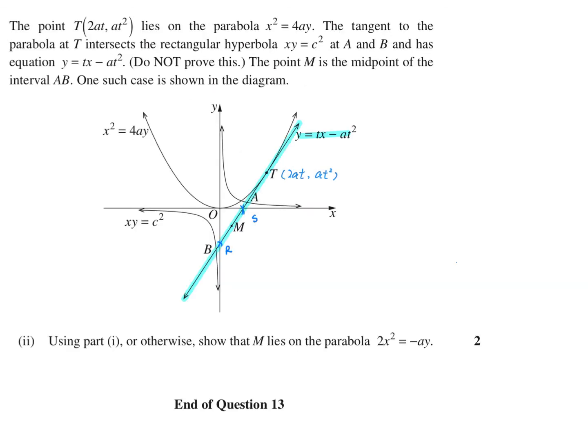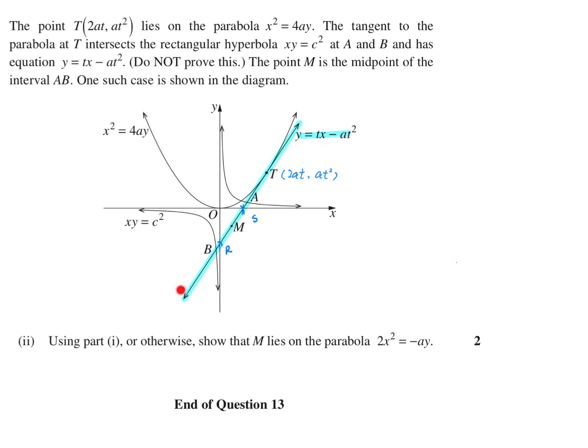Question 2 of part D. The question tells you that there is a parabola with equation x squared equals 4ay. And on this parabola, there is a point T with the coordinates 2at and at squared. A tangent is drawn to this parabola at this point T with the equation y equals tx minus at squared.